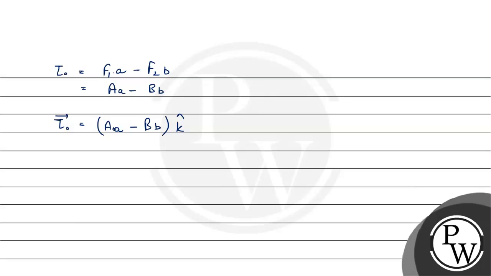And now we can also write the mod of tau vector. We have the formula tau vector is equal to R cross F. We can write mod tau is equal to mod R into mod F times sine theta.